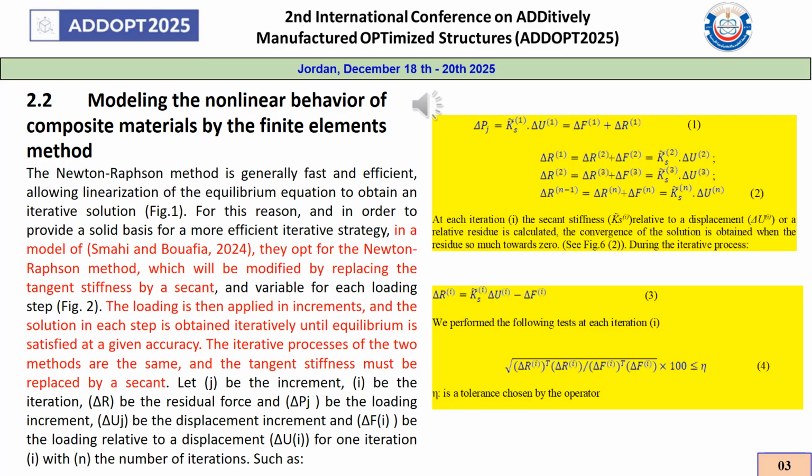The loading is then applied in increments, and the solution in each step is obtained iteratively until equilibrium is satisfied at a given accuracy. The iterative processes of the two methods are the same, except that the tangent stiffness must be replaced by a secant. See equations 1, 2, 3, and 4, and figures 1 and 2, which illustrate the two methods, tangential and secant.